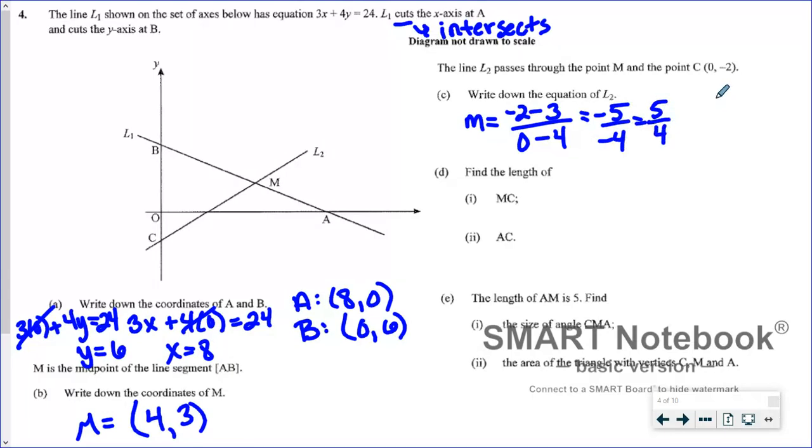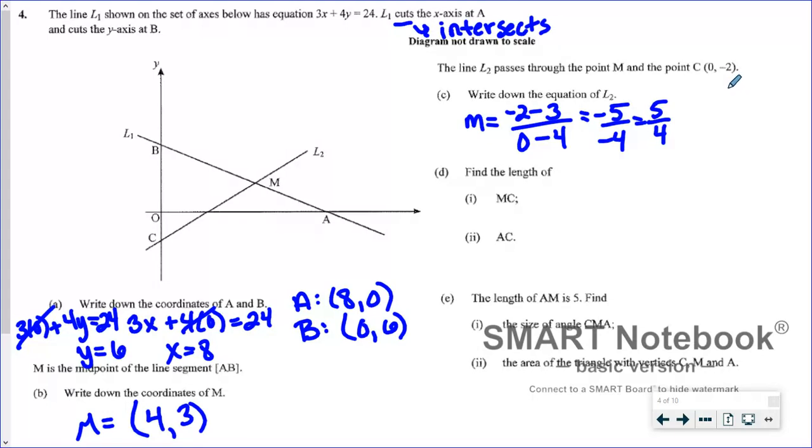Now, oftentimes they specify the form in which they want the line. They'll say give us the line in y equals mx plus c. IB does that as well, which is really weird. They don't do y equals mx plus b, they do y equals mx plus c.